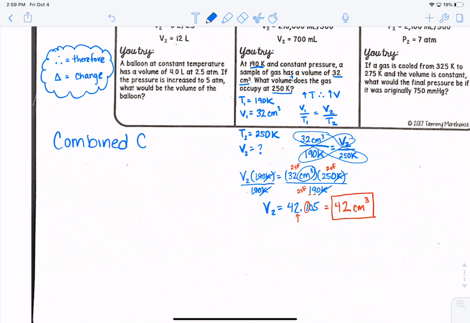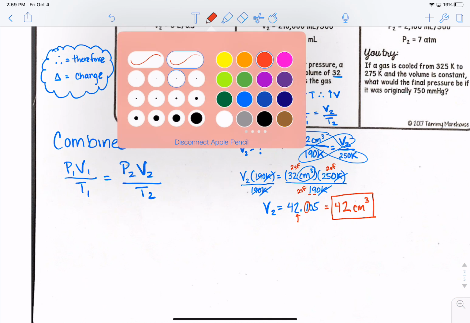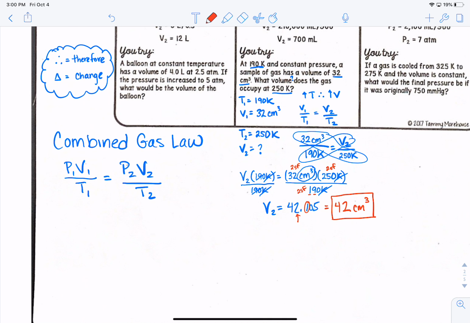The combined gas law literally is just that. It combines all three laws together. So it's P1 times V1 divided by T1, equals P2 times V2 over T2. And I want to show you, if we were looking at this gas law, I'll point out what Boyle's law is. Boyle's law is the pressure-volume relationship. Let's make Charles be green.